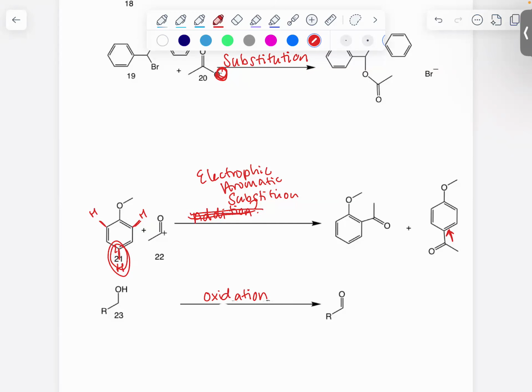So with oxidation and reduction, it might be helpful or faster to just know the biologically relevant oxidations and reductions that we see. So it's like alcohol to aldehyde to carboxylic acid, or alcohol to ketone. And then you have alkane to alkene to alkyne.